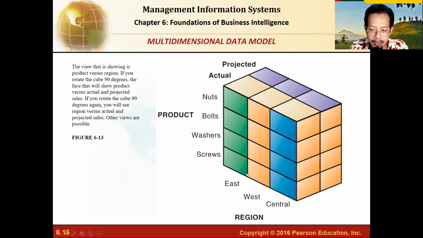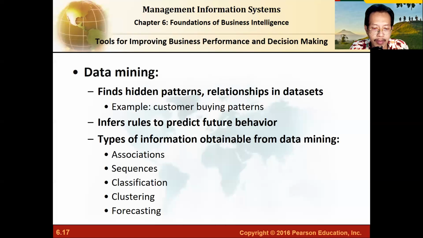If you slice it this way, you would be getting data on projected sales and actual sales versus region. If you slice it differently, you would be getting different perspectives of the data. And OLAP is used to slice and dice these different dimensions.